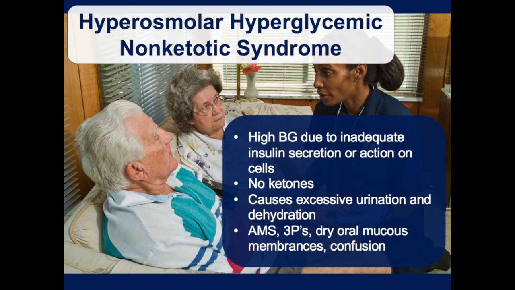Underlying health conditions can trigger this in patients with underlying type 2 diabetes. One of the common causes is some type of underlying infection. So if a patient has a urinary tract infection and they're also trying to concurrently manage their type 2 diabetes, that UTI can kind of push their diabetes over the edge into HHS. And on top of that, patients are particularly at risk of this if they have poor oral intake.